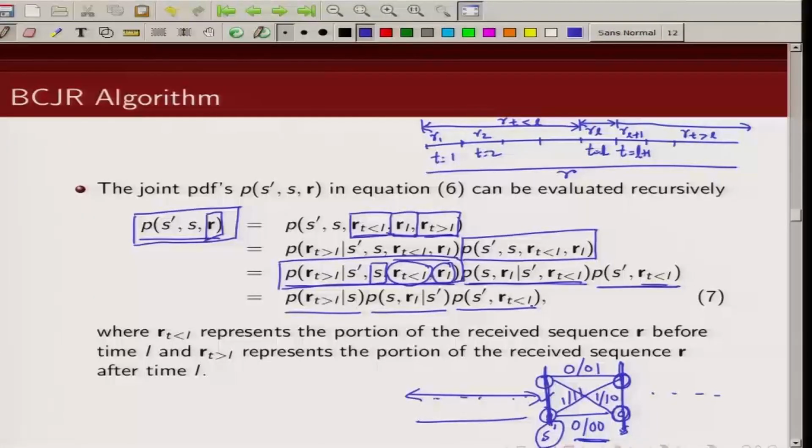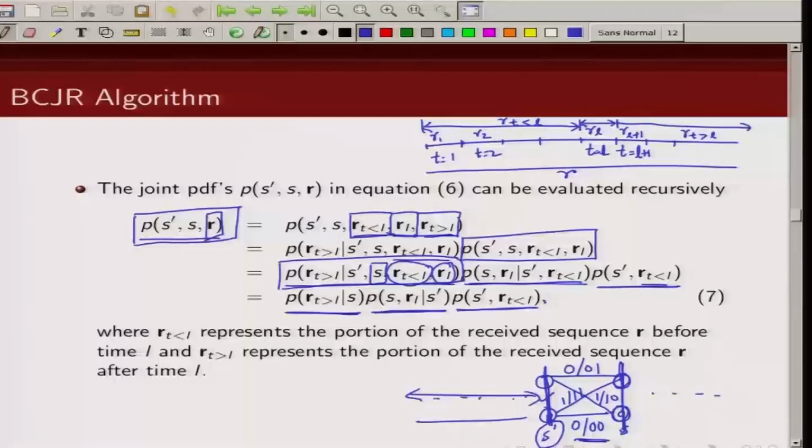So, what we have done is this joint probability we have now split up into 3 probabilities: one is this, second one is this and third one is this. Okay. And we will now show how we can compute each of these terms.